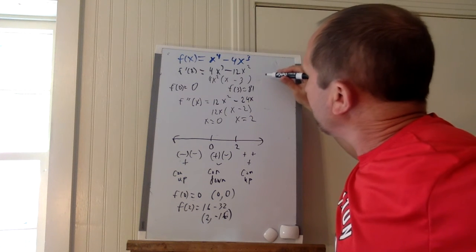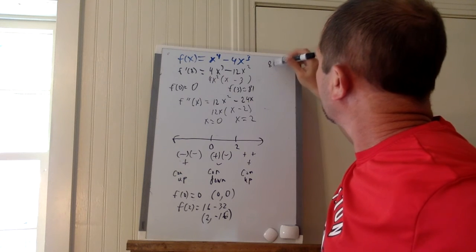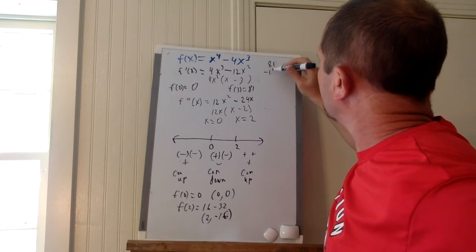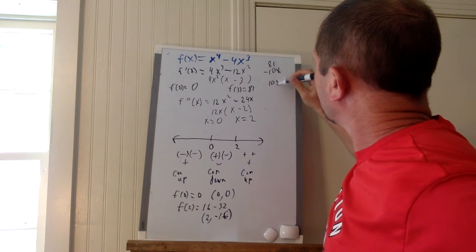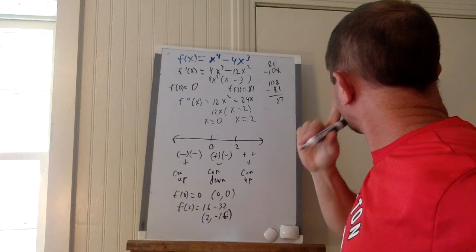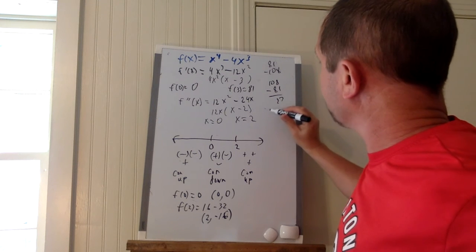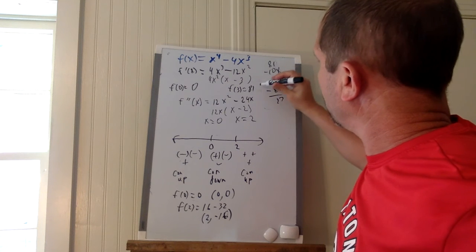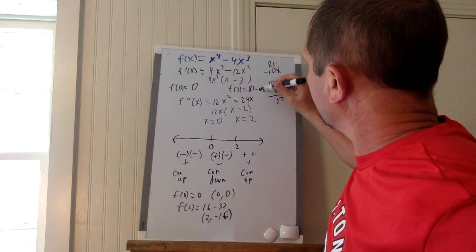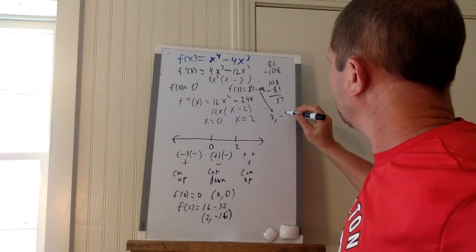So we have 81 minus 108, which is negative 27. So we would have the point 3, negative 27.